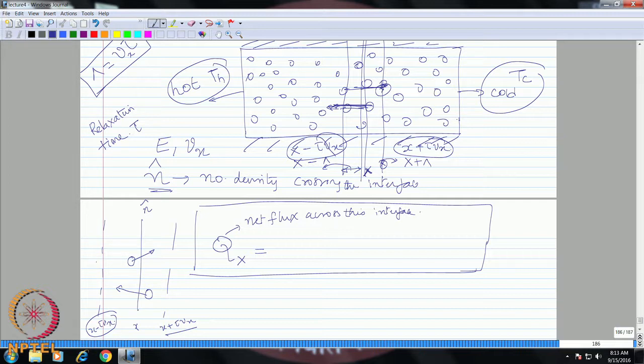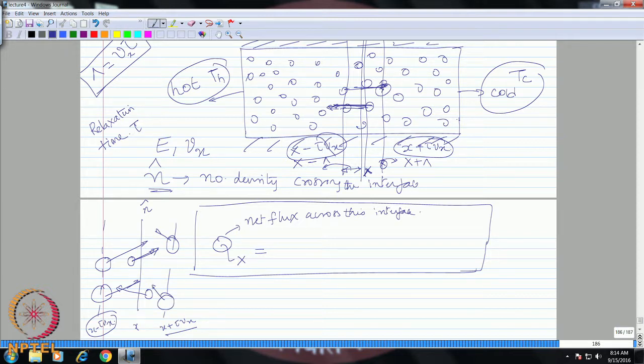Therefore, if you fix this and look at from the perspective of x minus tau Vx, x plus tau Vx, we can say that the molecule which is crossing this interface and traveling towards the right is actually 50% of it, or half of it, coming from this side, right, and half of it is coming from this side.